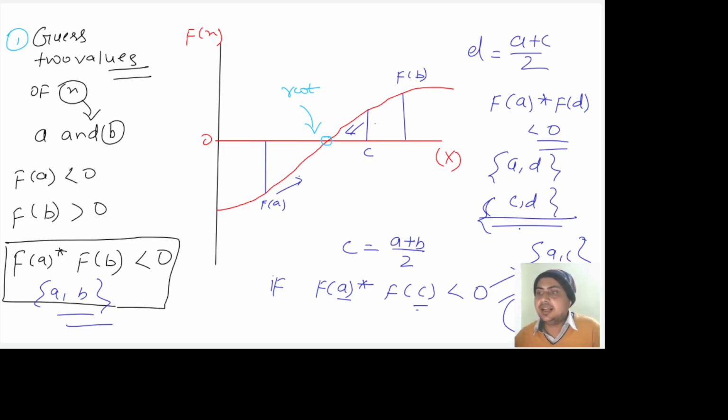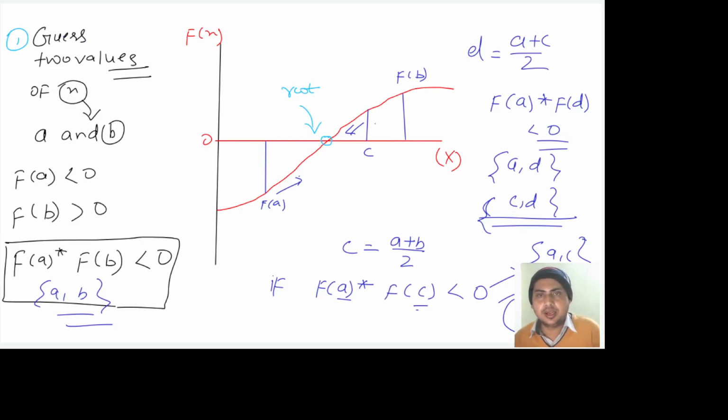So deciding the interval is important here. And how are we going to decide? We need to keep in mind that these two endpoints give function values with opposite signs. Right? So this is the algorithm we are going to implement in C++.